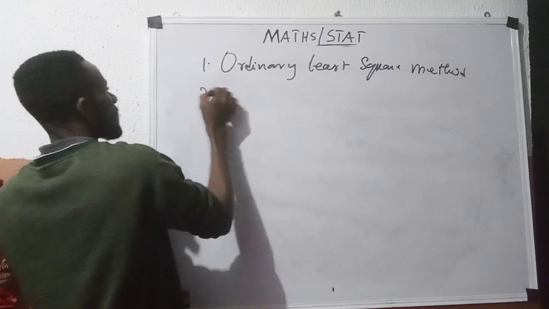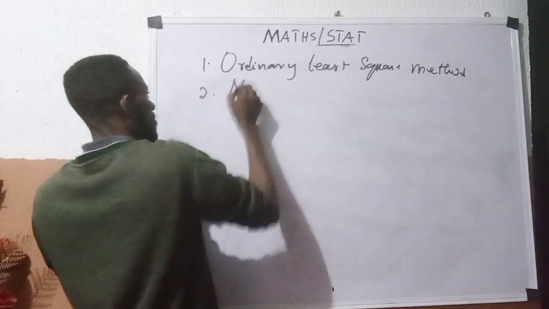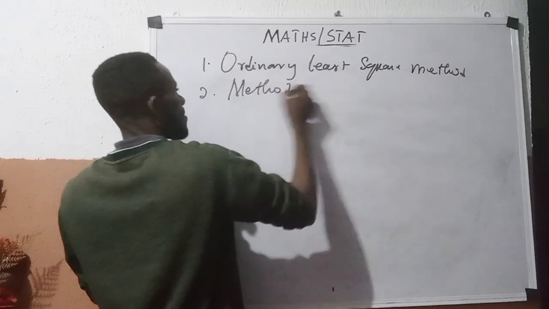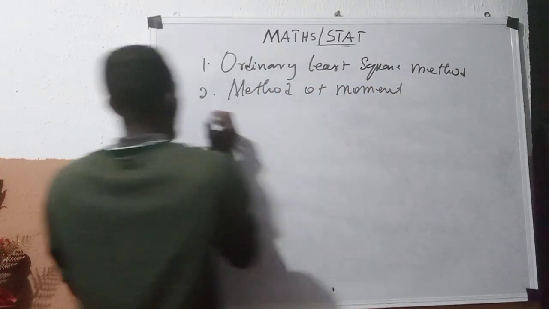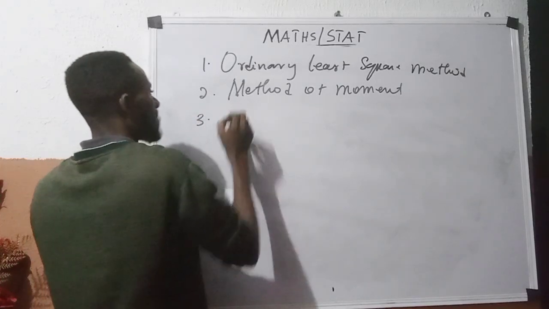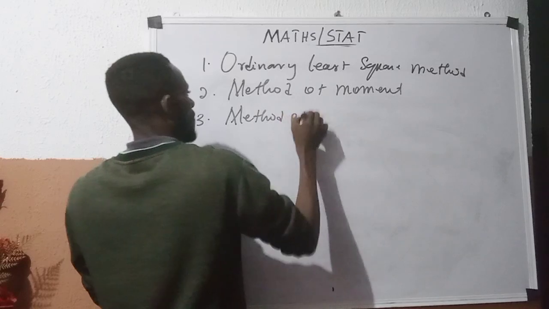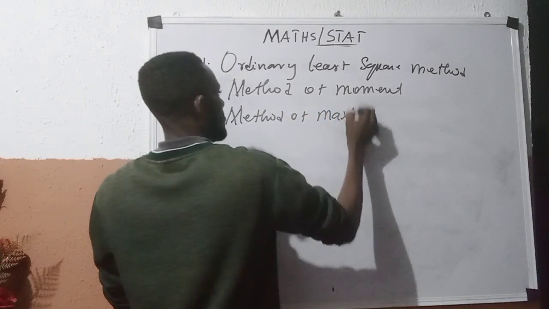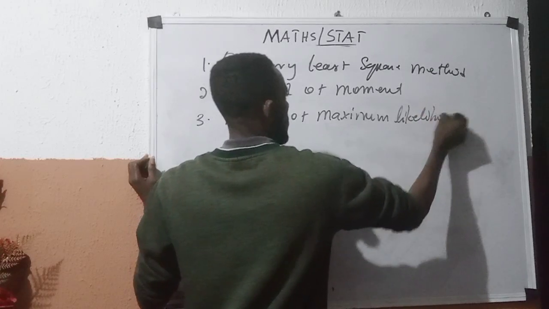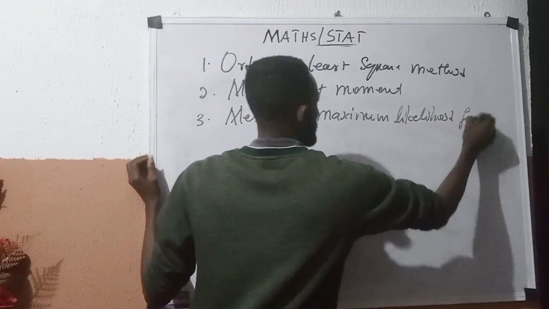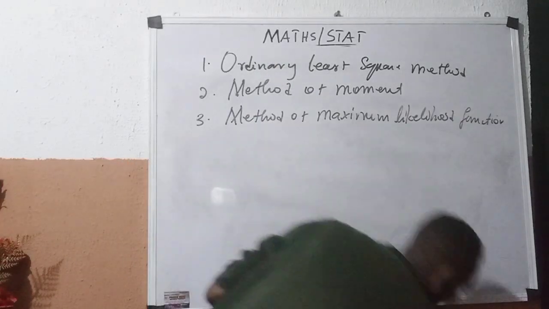Then we equally have the method of moments. And then we have the method of maximum likelihood function.